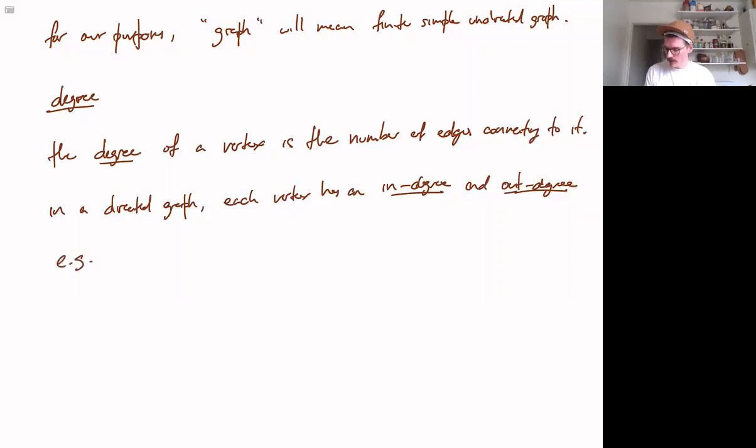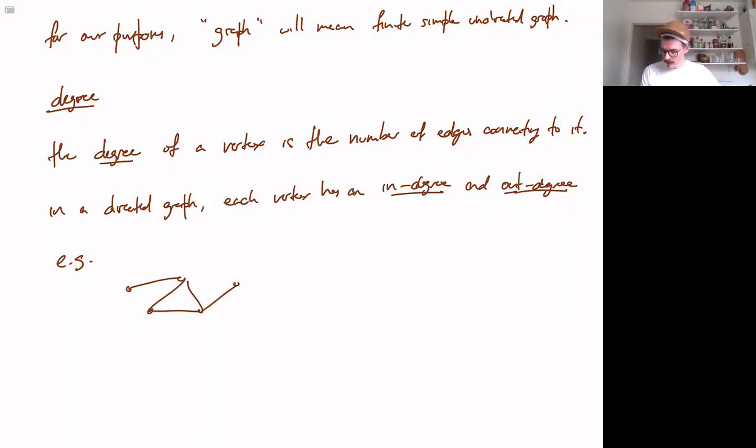So for example, let's draw some graphs and label the degrees of each vertex. Here is a little graph, and we can just look at each vertex and look at the number of edges.